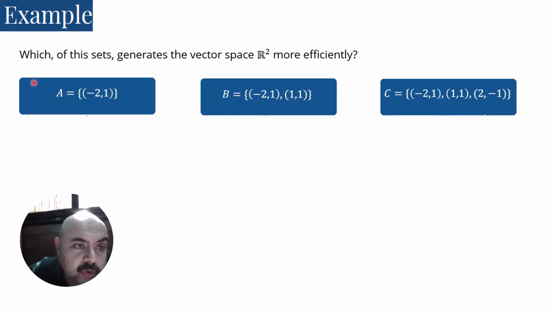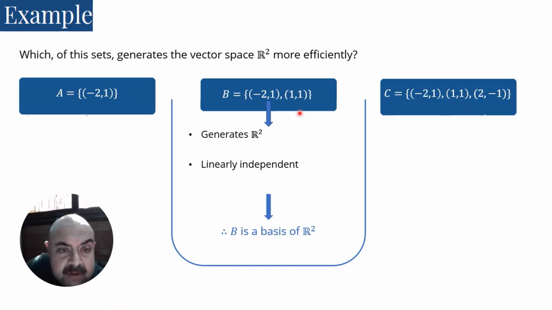If we go to the third set, which is B, with -2 and 1, 1 and 1, and you look closely at this set, you will discover that I can generate most of the vectors in R2 from these two vectors by choosing different values for k1 and k2. And also they are linearly independent.